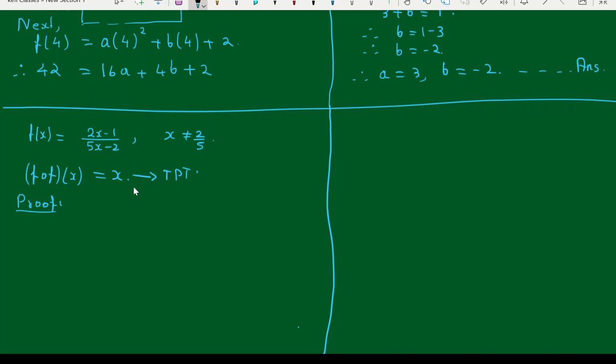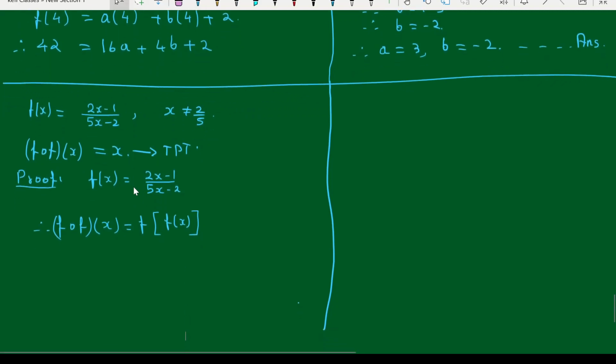To prove that, so proof, let's start this. f of f of x.